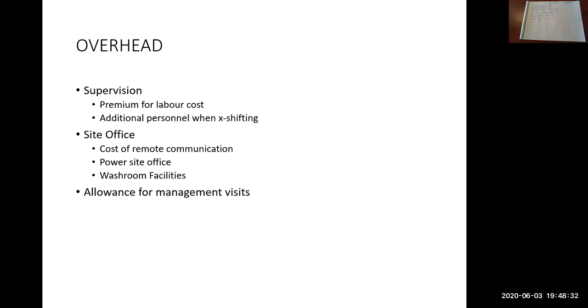Not like today where basically every person on the planet owns a cell phone. So that has changed. Getting power to your site office, so there's a cost to that. Is power available? Are you anywhere near the BC Hydro grid? Or is it not a possibility? Do you have to run generators? Washroom facilities.